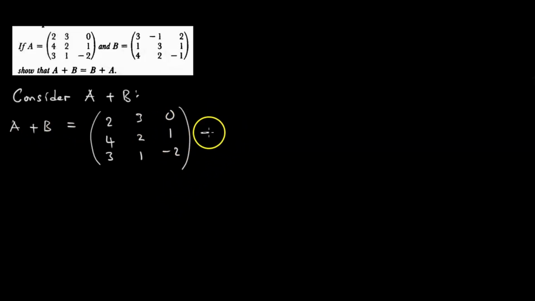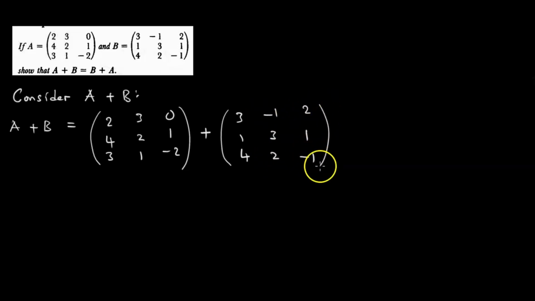So this is A plus, what is B? 3, 1, 4, minus 1, 3, 2, then 2, 1, minus 1, like that. We are doing correspondence. We are now adding things according to their corresponding positions.